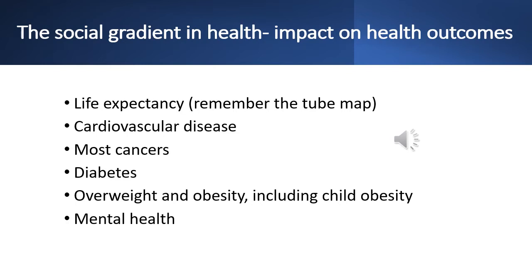It has been found that the social gradient had a direct impact on life expectancy, cardiovascular disease, cancers, diabetes, overweight and obesity, and mental health. We are going to talk about these different comorbidities in the coming slides, and the effect of social gradient as an influencer of non-communicable disease.